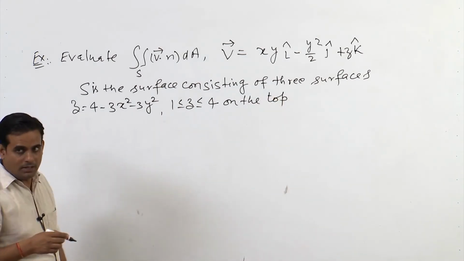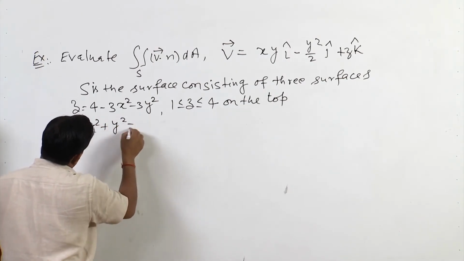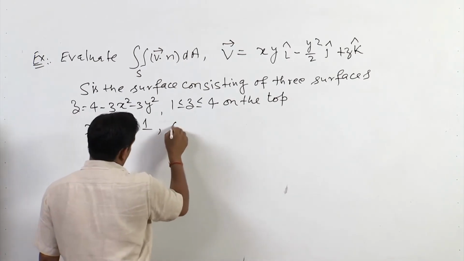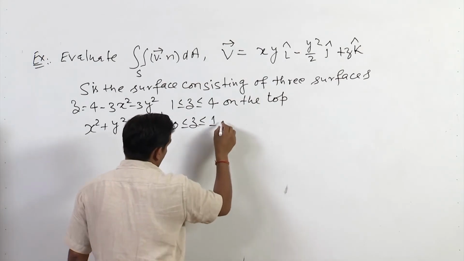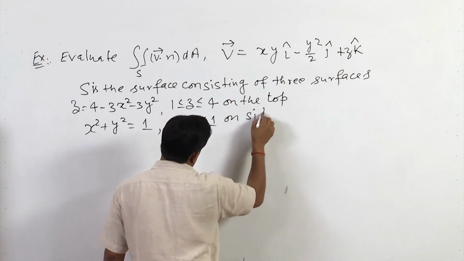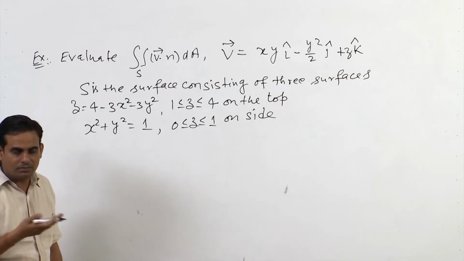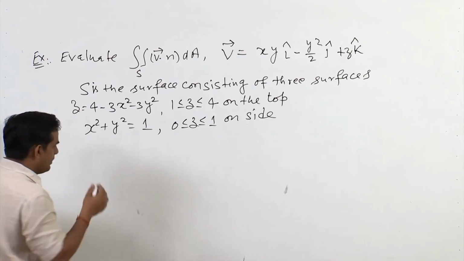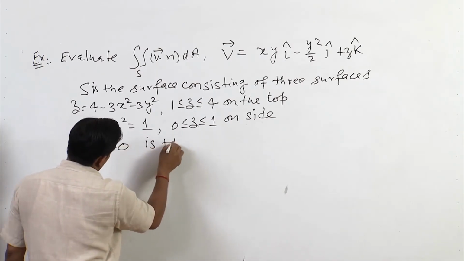Then I am having a cylinder x square plus y square equals 1 for z from 0 to 1 on the side, and finally it should be closed from the bottom, then only we can apply the divergence theorem. So z equals 0 is the bottom.